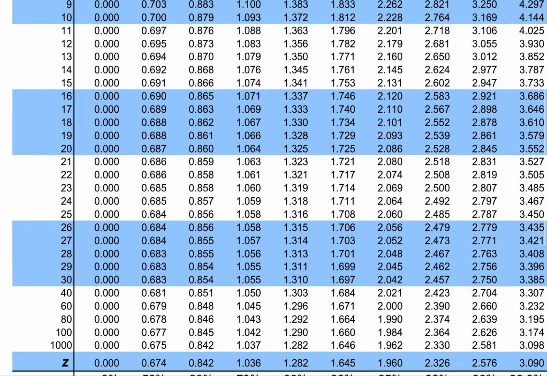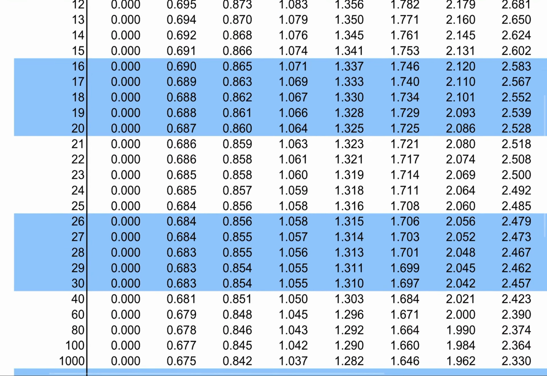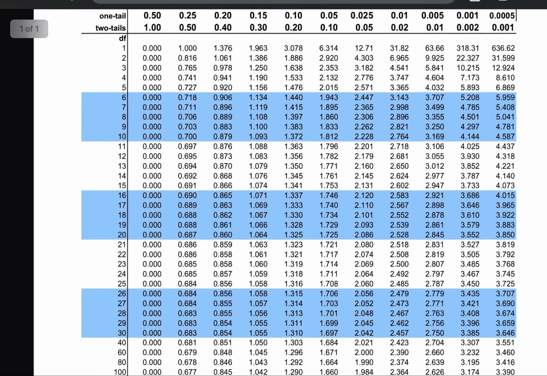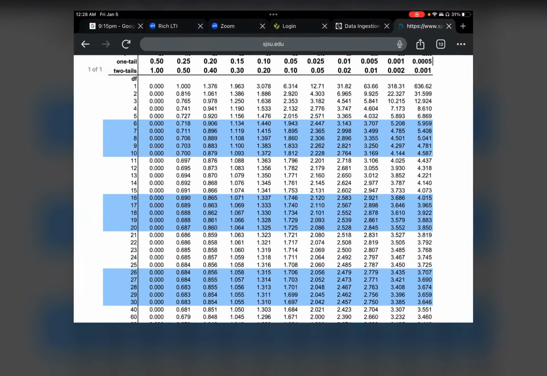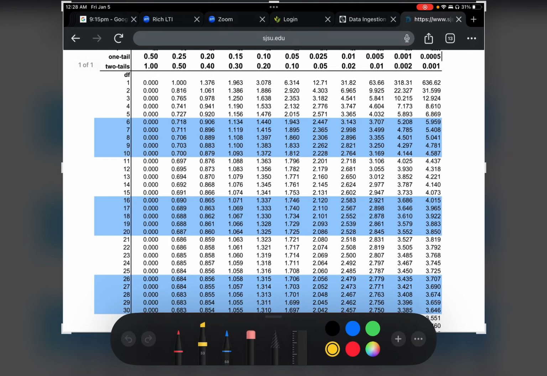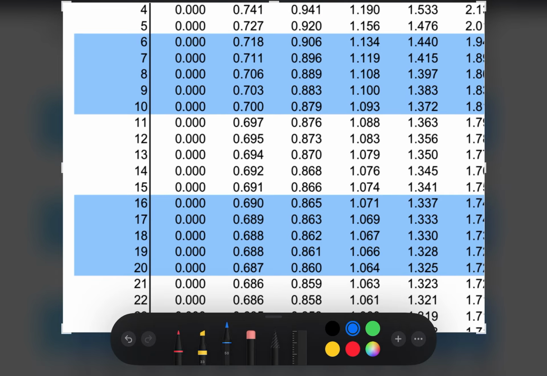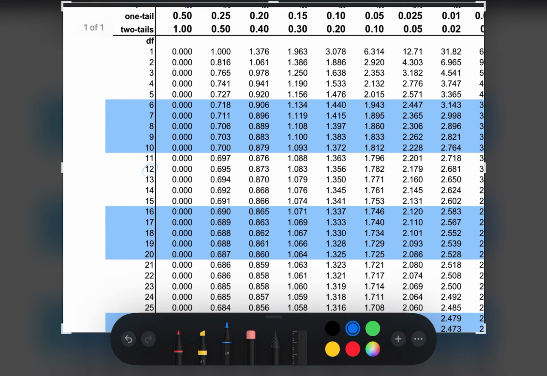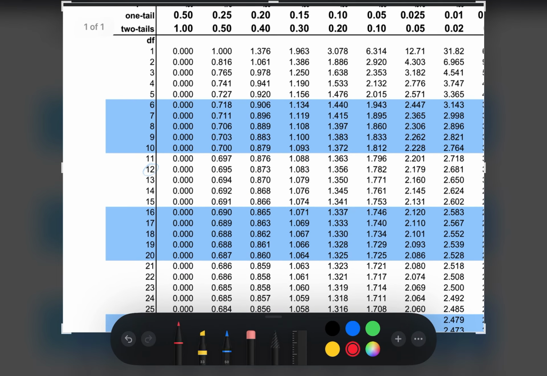So coming back to the table. For example, let's say our sample has 13 samples, n is equal to 13 in our case, then the degree of freedom is equal to 12, which is this.